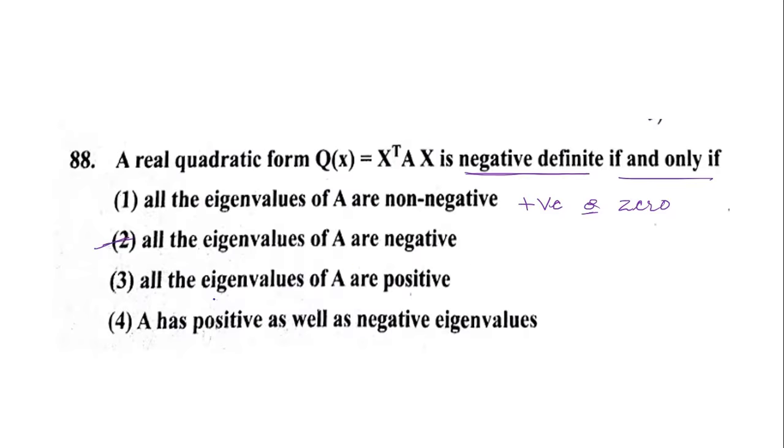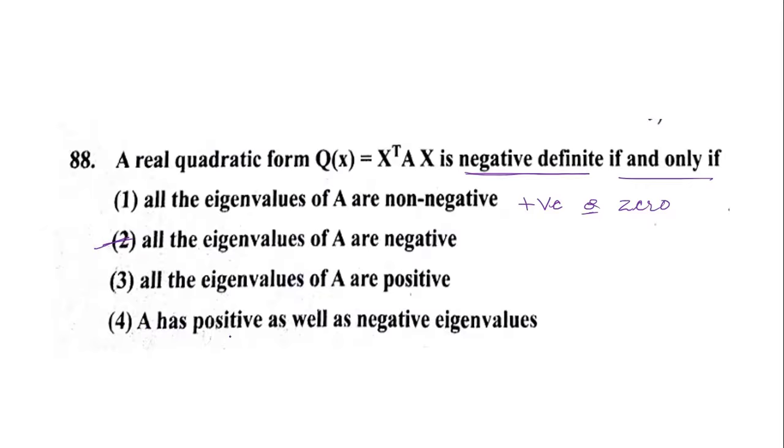All other options also: all eigenvalues are positive, this is also the same. The meaning of this option and this option is the same. They gave the same option, therefore they may give this question as grace marks. Grace marks for this question.